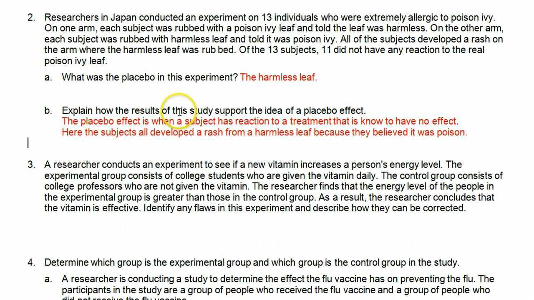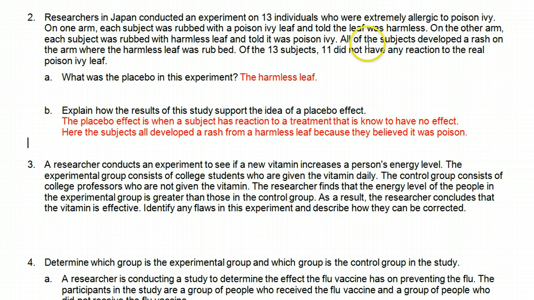To explain how the results of this study support the idea of a placebo effect: well, the placebo effect is when the subject has a reaction to a treatment that is known to have no effect. And in this case, all the subjects developed a rash from a harmless leaf because they believed that it was poison ivy. So that's clear evidence for the placebo effect.